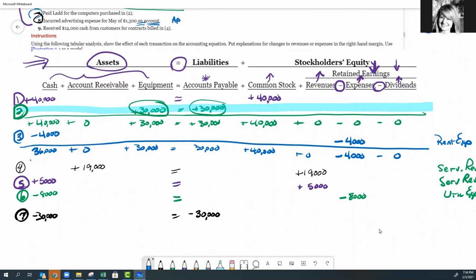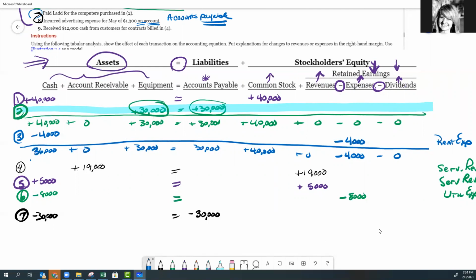We are going to owe for it. So we call that liability accounts payable. Remember, most of our liabilities have the word payable in them. The only exception to that is unearned revenue.